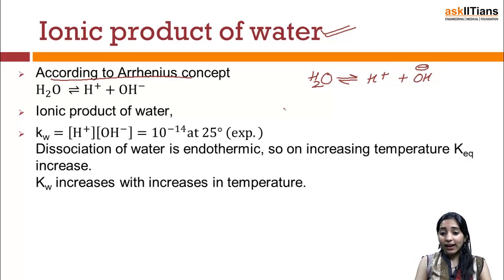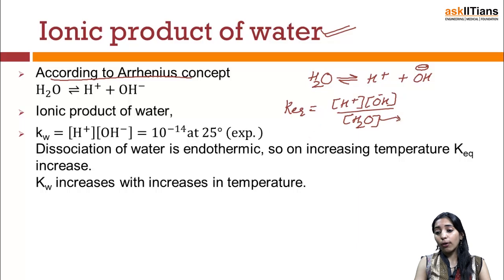Now I can say that the K equilibrium value can be written as the concentration of H positive times the concentration of OH minus divided by the concentration of water. We have just studied that the concentration of water can be taken as 55.55 molar at nearly 25 degrees Celsius.